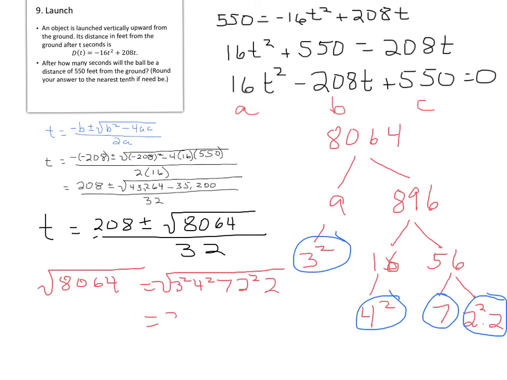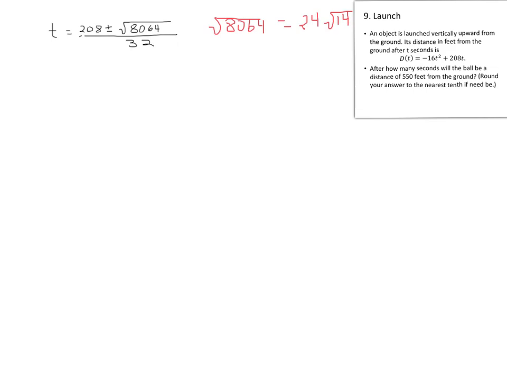So we can pull out 3, 4, and 2, and we're left with 7 times 2, so that's going to be equal to 24 square root of 14. So now we have that t equals 208 plus or minus 24 square root of 14 over 32.